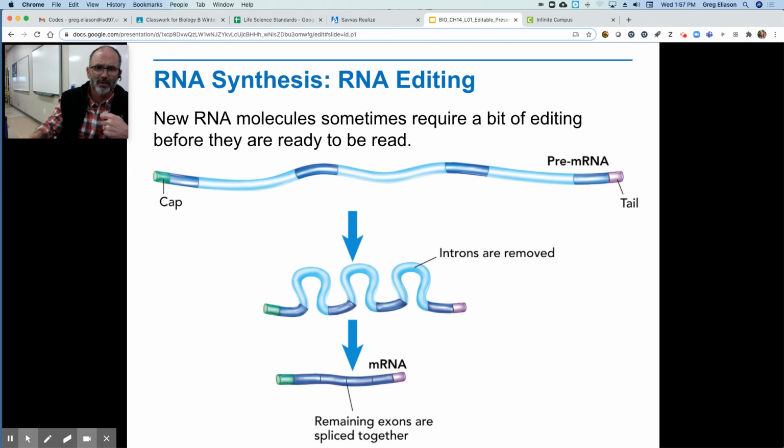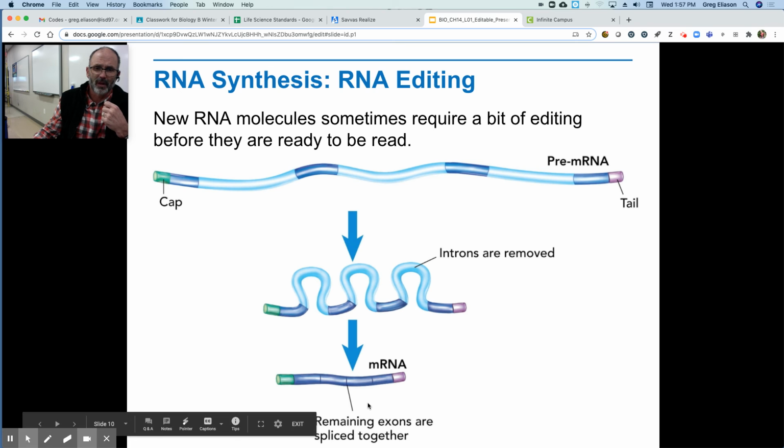The introns are the part here that's going to be removed. We copied this whole strand of messenger RNA. There are introns and exons, and the introns are going to be taken out. The exons are spliced together, and that becomes a piece of messenger RNA.